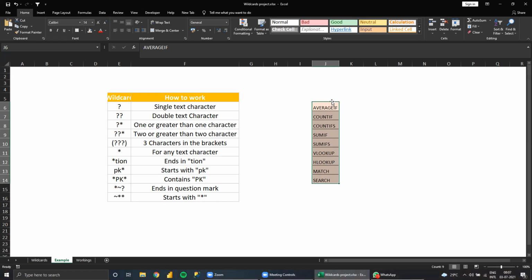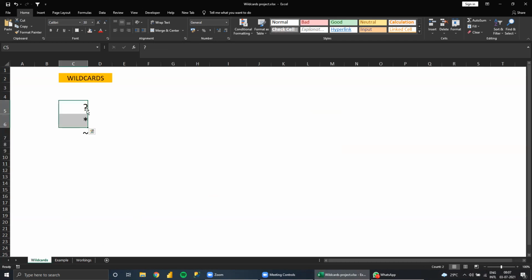Then in place of the misspelled part, wildcard characters will be used to recognize it. These are the areas where we need to use wildcards. We need to understand the examples, so we can see them and understand better.